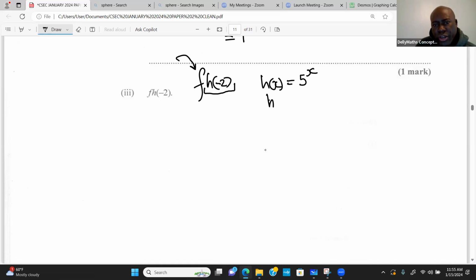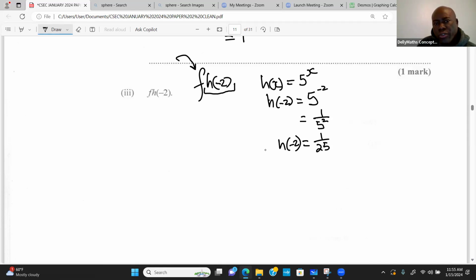Now I'm going to find h of negative 2. Remember the negative exponent rule says that this is the inverse, which means 1 over 5 squared, which finally means 1 over 25. So this is h of negative 2.